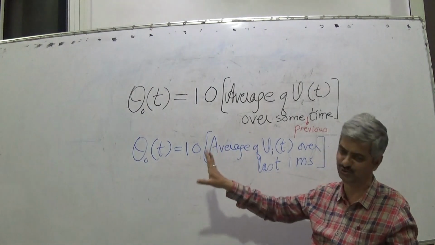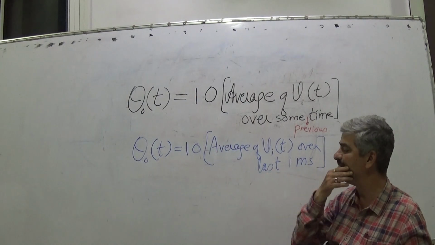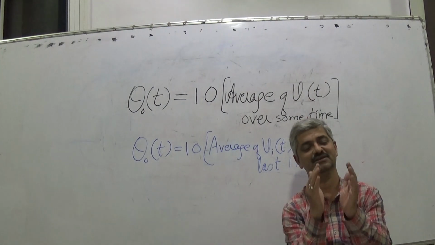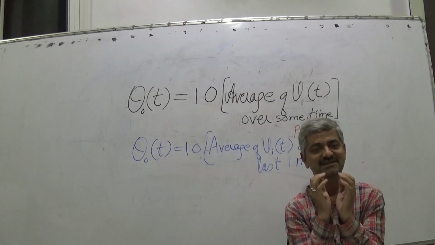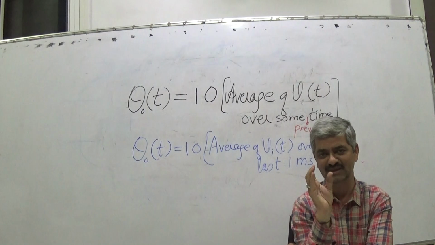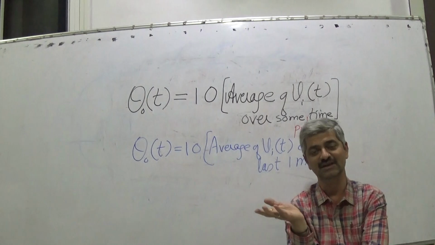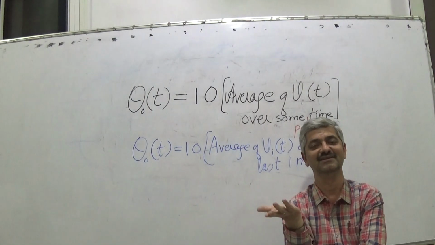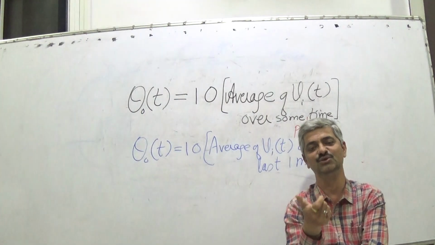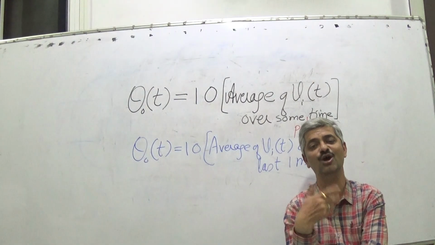So this is something which looks good. Now what will happen if the input is changing slowly? If the input is changing at 1 hertz, and the 1 millisecond is the averaging period, and the changes in the averaging period are not so large, in that case the output will follow the input. But if the input is changing very rapidly, then during averaging most of the changes are lost.